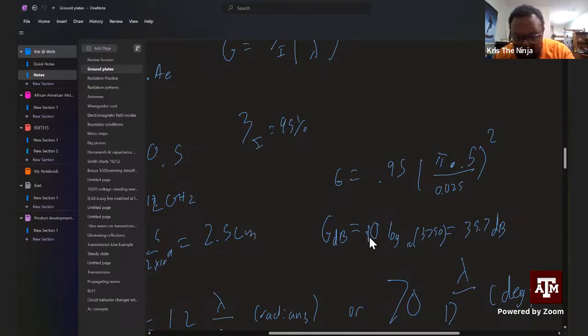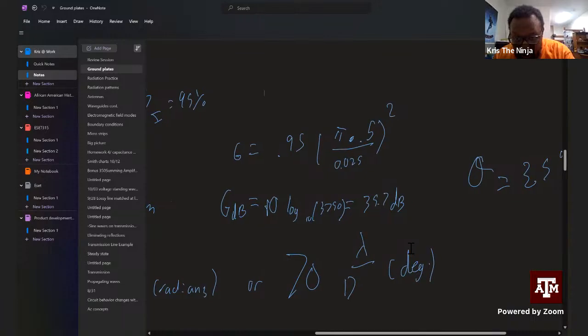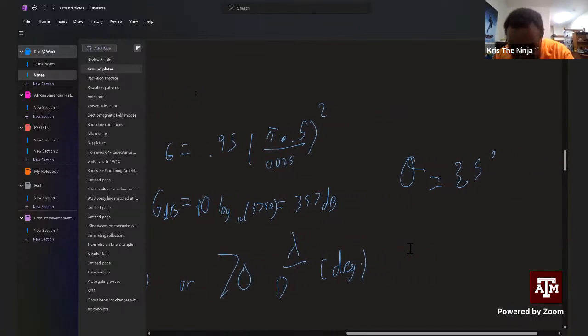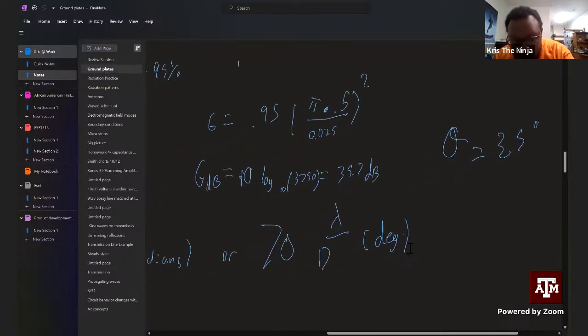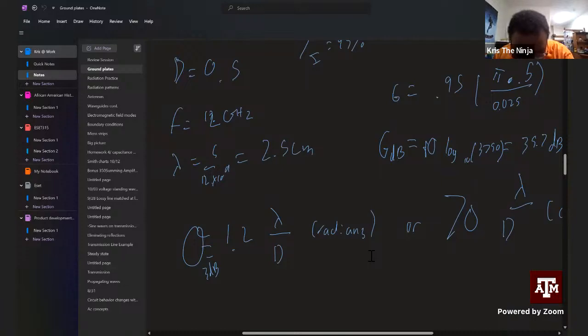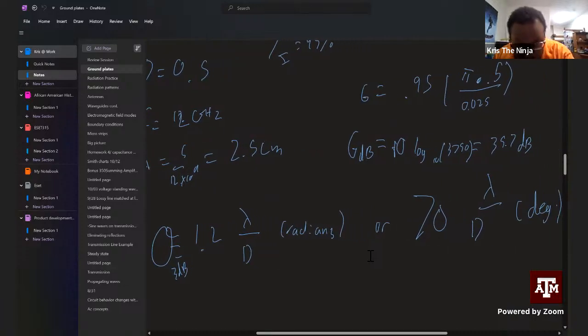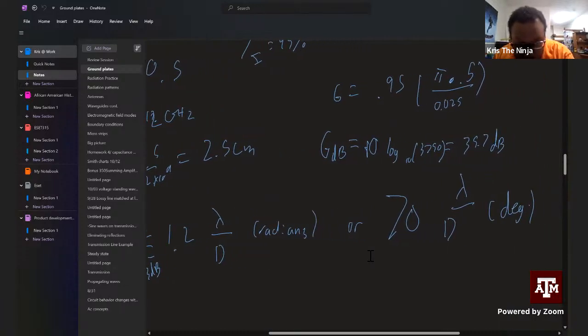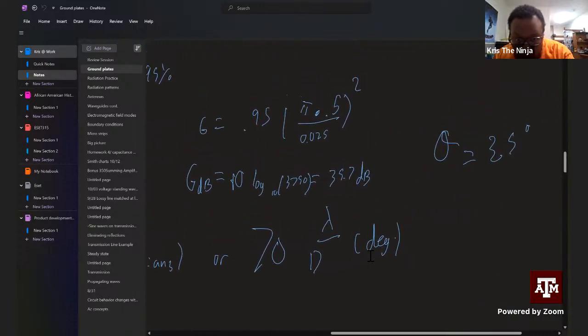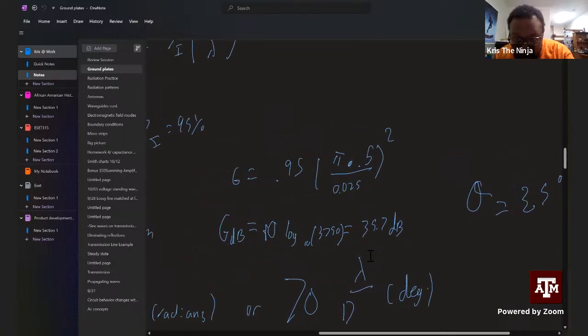Then you get that in dB, and that's 10 log of this value, and that gives you like 35.7 dB. Theta at 3 dB is 1.2 pi or lambda over d, or 70 lambda over d degrees.